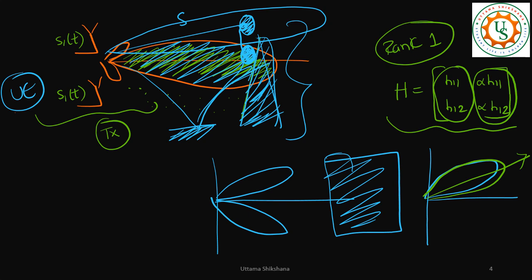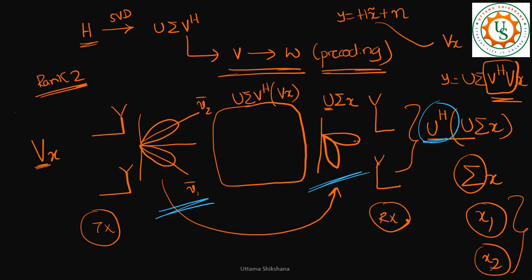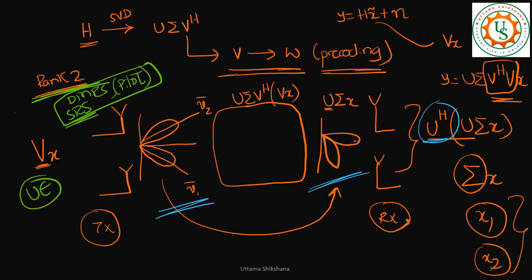So in such situations, whenever we are transmitting, because I've taken a rank 2 case, right, with some reference signal, maybe a DMRS, or let's say a pilot, or with the SRS, whenever we transmit the signal and at the receiver, after the channel estimation with this DMRS or SRS, if the rank is equal to 1, then from the next moment onwards we need to inform the transmitter that you have to transmit with just rank 1 or layer 1, because the channel conditions have changed, and we are seeing that both the beams are traveling in the same direction, and there is only one direction along which you can transmit the signal.